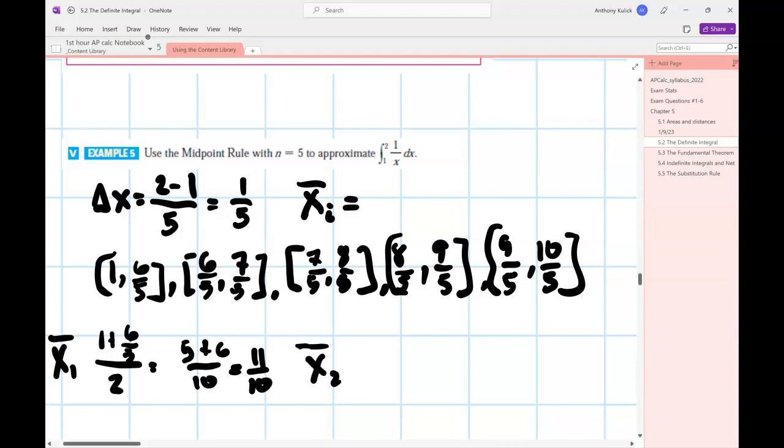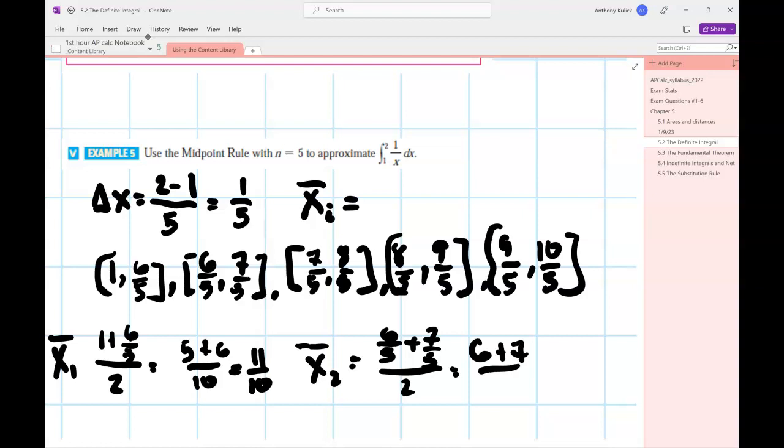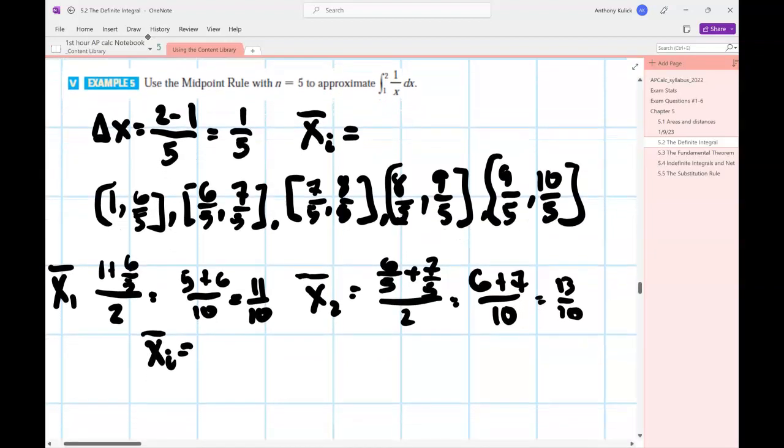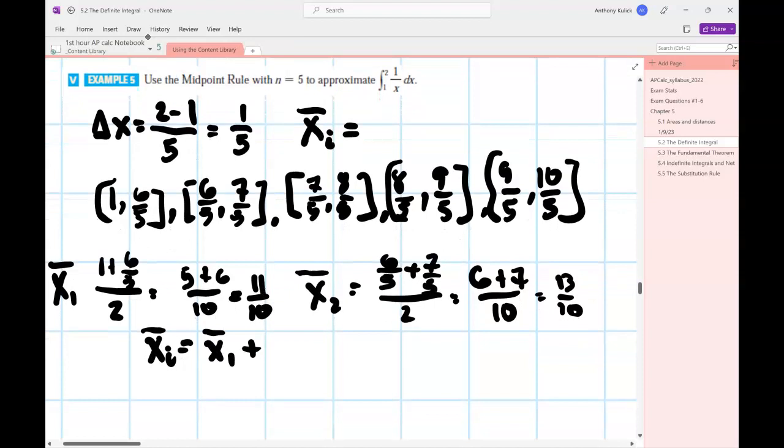So let's do a couple and see if we can pick up the pattern, what's going on here, so we don't have to do it for all of them. So again, I'll just multiply the top and bottom by 5. So that's going to be 13/10. And I'm guessing that this is just going to be x1 bar plus i delta x, right?